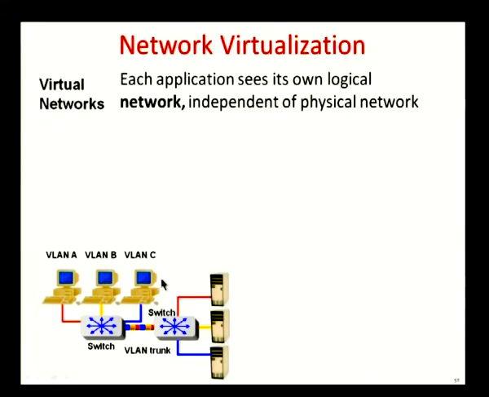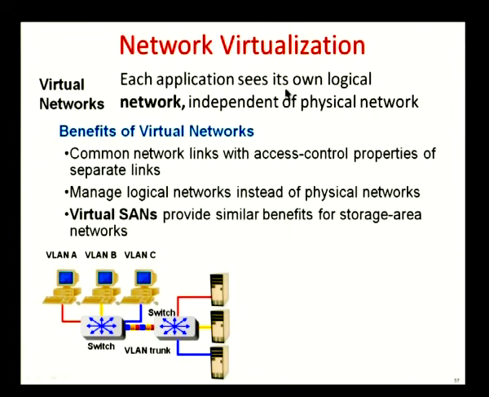Say for example, you have various LANs, VLAN A, B, C, then you have different switches and routers which are useful for forwarding the packets as well as controlling the routing of various packets in the required direction. When you consider the virtual network, each application sees its own logical network independent of the physical network.